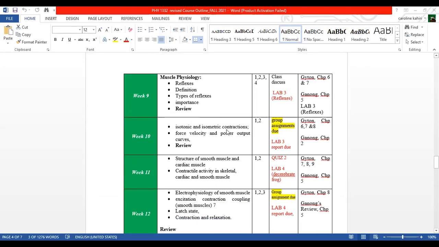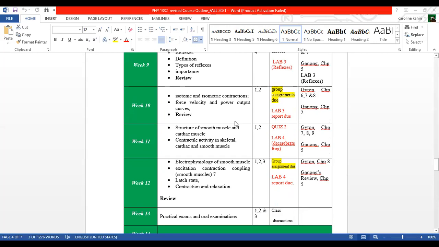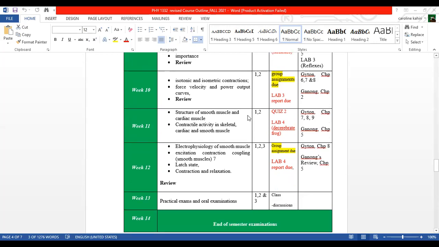We've done isotonic, isometric contraction. When it comes to contraction, remember when we were talking about the motor units and the speeds, I think there is one part that I have not really touched on about the curves, but for power output, I think we have touched on that.